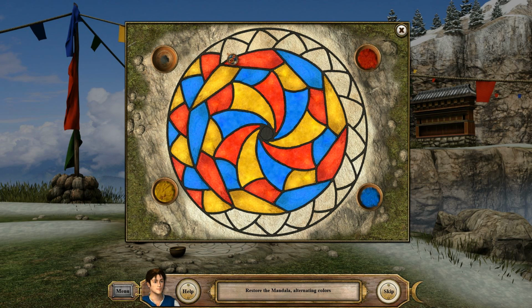So that matches up double red. So it could be yellow or blue. So actually blue is probably the next one in the pattern. And that's blue and red, so that's yellow, then yellow and blue, that's red and blue, so that's yellow.